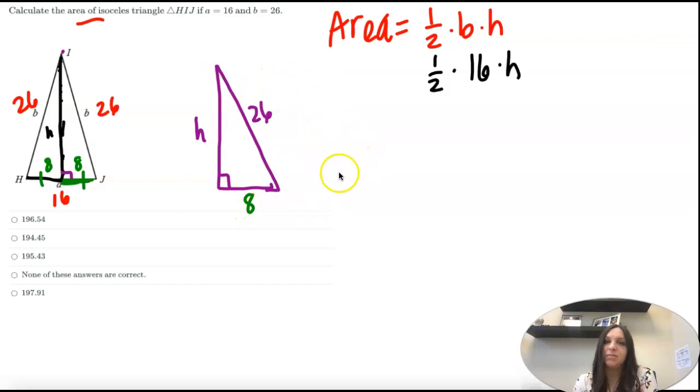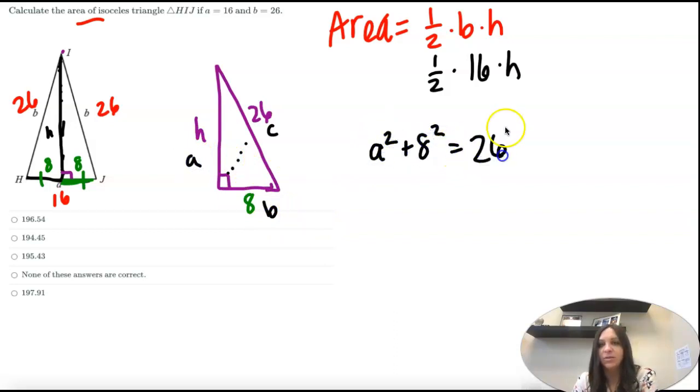Now we're set up to do the Pythagorean theorem. Remember, C is always across from the right angle, and A and B are the legs. So I would have A squared plus 8 squared equals 26 squared. Now we have to solve for A, or that's actually H. I'm going to keep 8 squared as it is and subtract it.